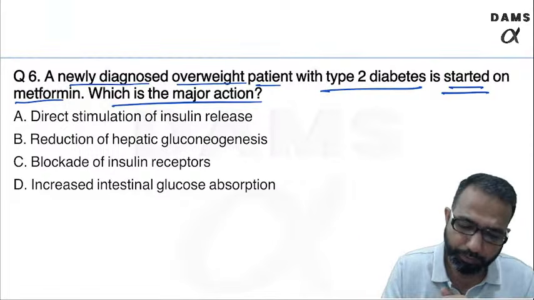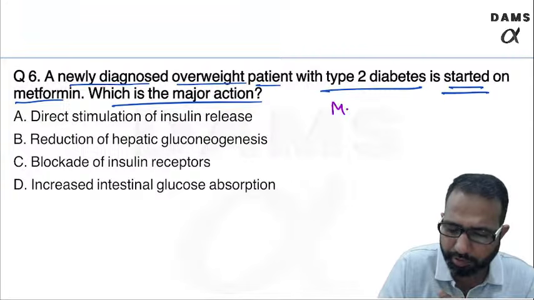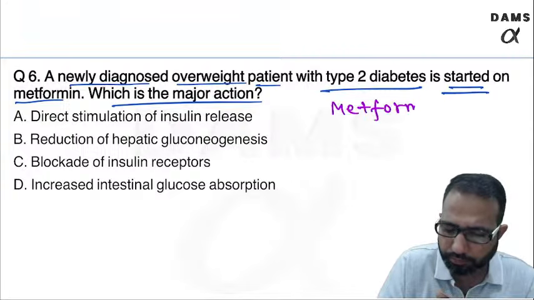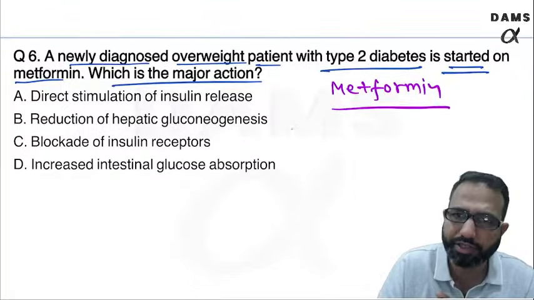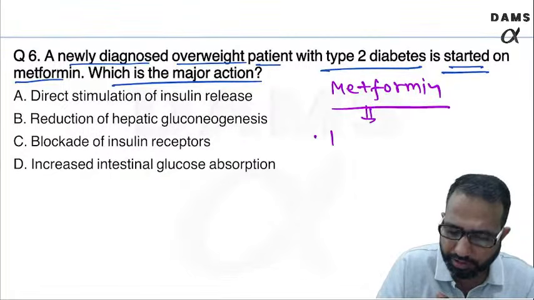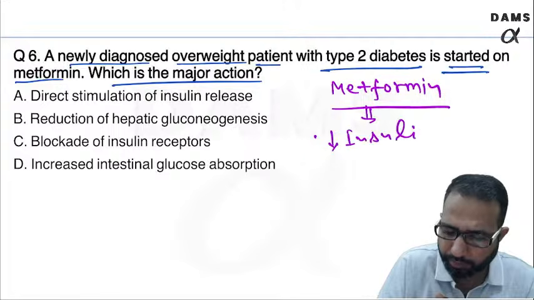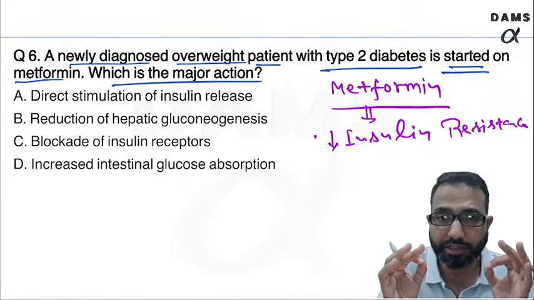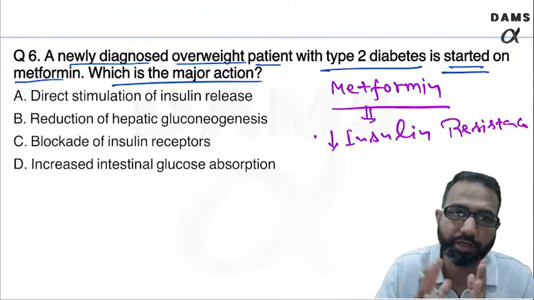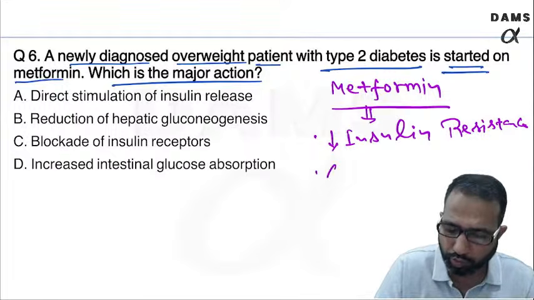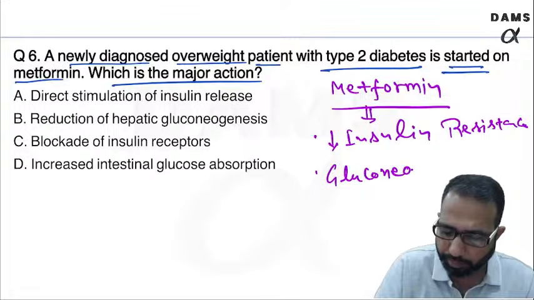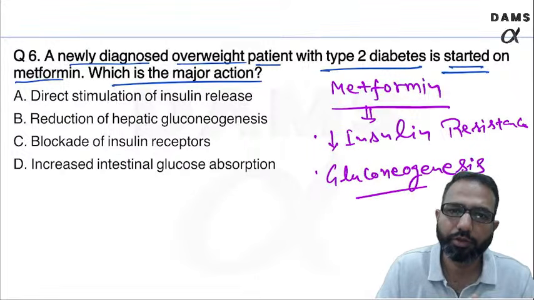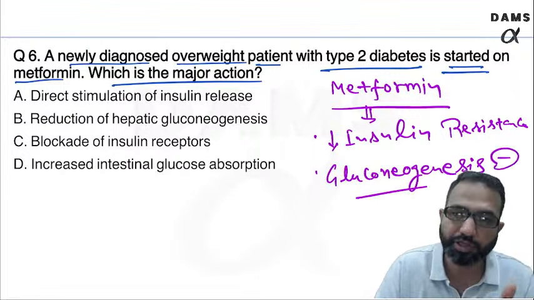So metformin decreases the insulin resistance via the AMP kinase pathway. But the other very important mechanism of metformin is suppressing gluconeogenesis in the liver.